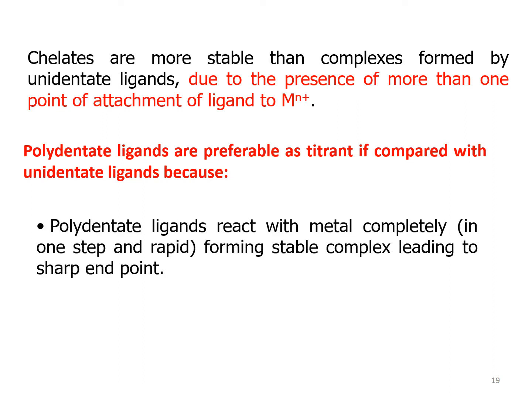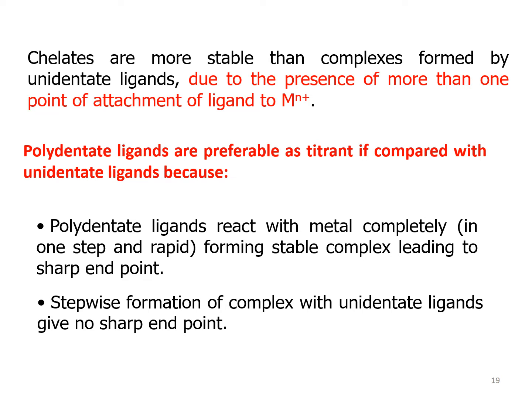Therefore, a polydentate ligand is preferable as a titrant compared with a unidentate ligand because it reacts with the metal completely in one step and rapidly, forming a stable complex leading to a sharp end point.